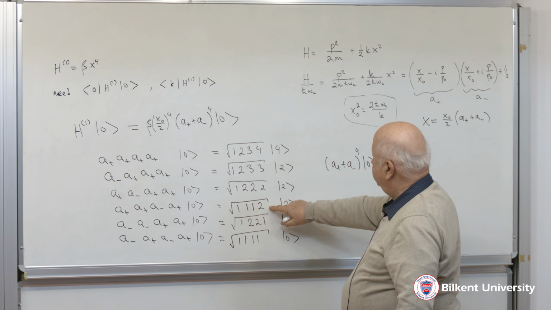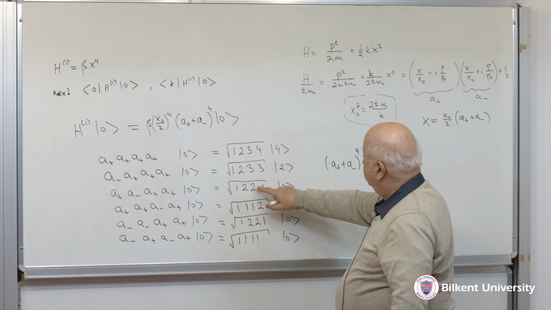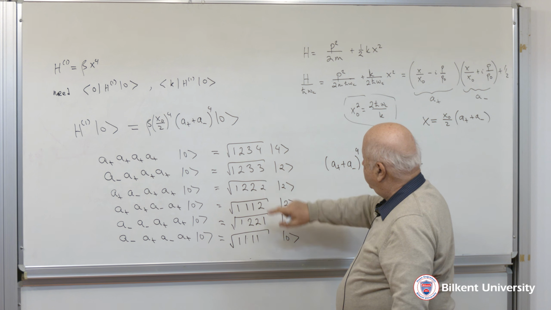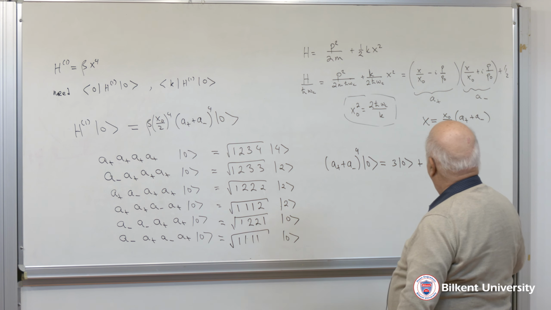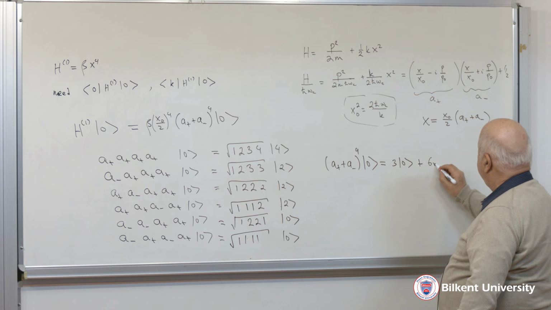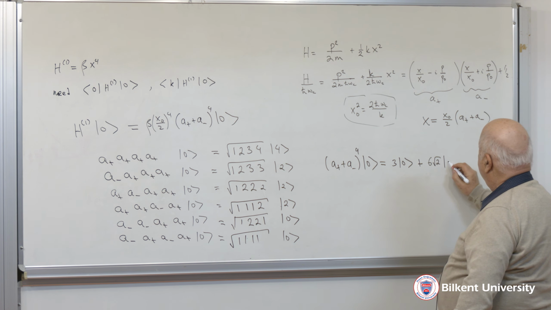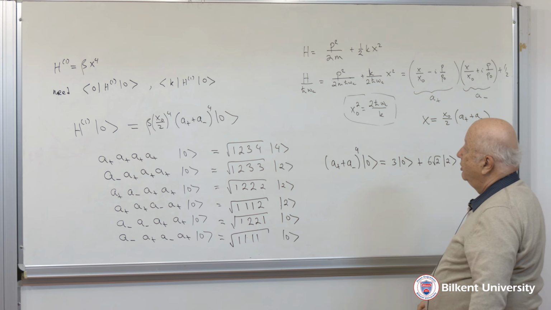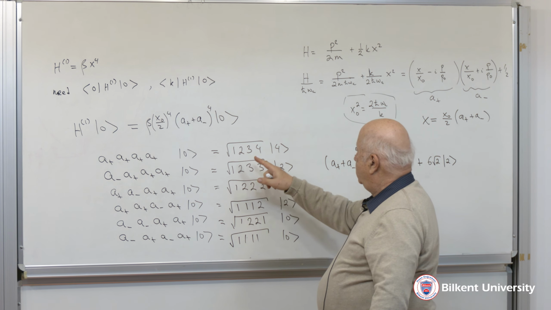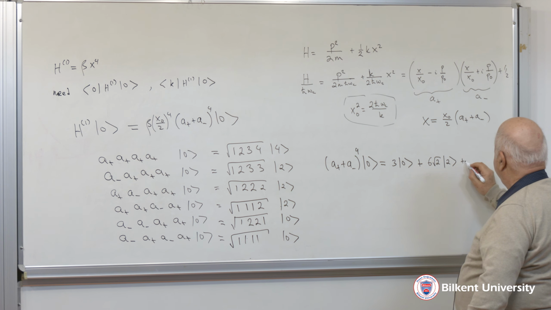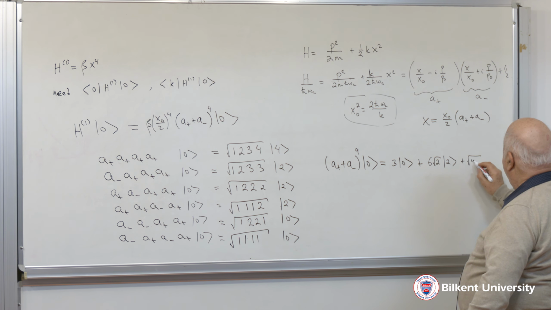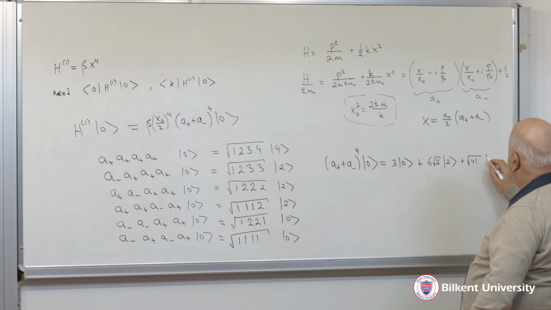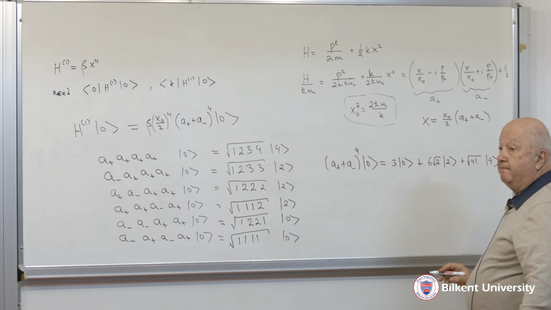There's 1 square root of 2 here, 2 over there, 3 over there. It looks like 6, right? Plus 6 square root of 2, 2. And I don't want to reduce that. That's just 4 factorial 4.